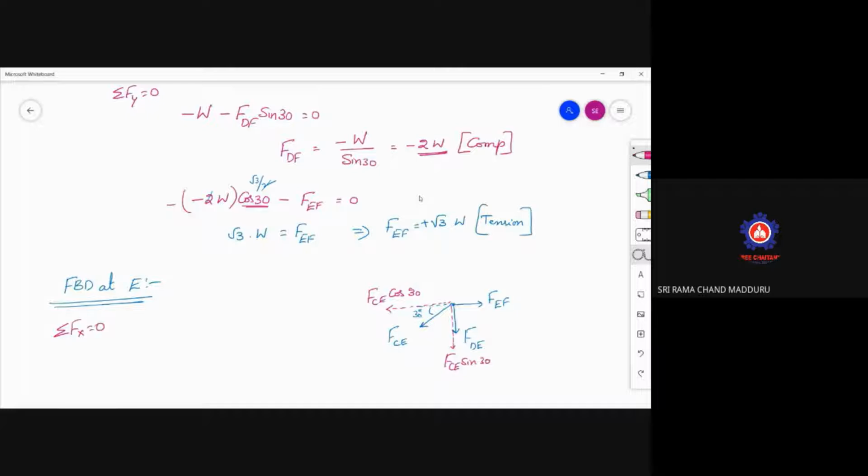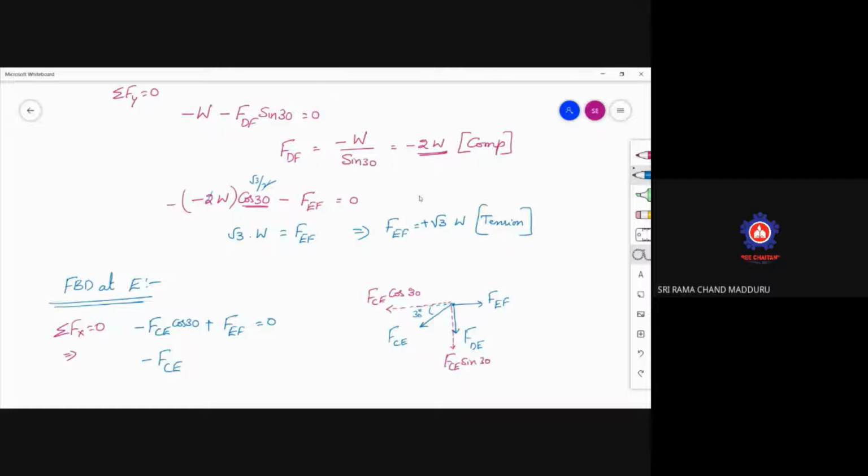Sigma Fx equal to 0: minus F CE cos 30 plus F EF equal to 0. You already know the value of F EF, which is plus root 3 into W. Substitute that one.